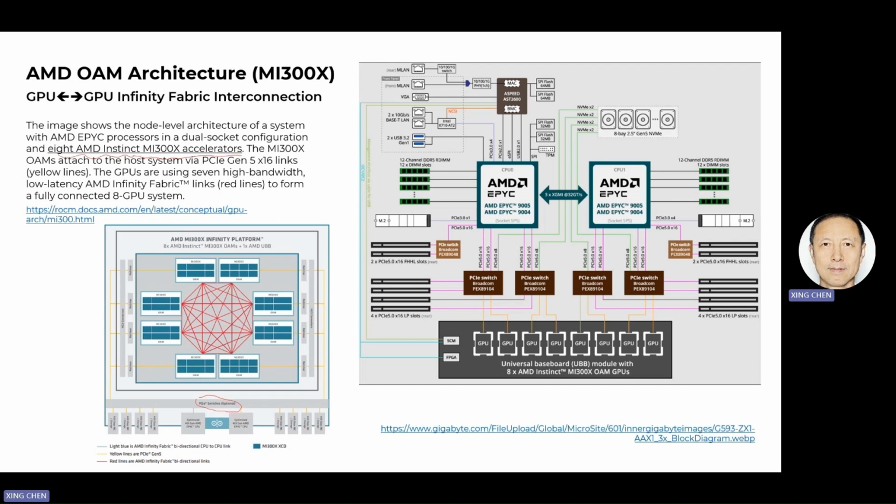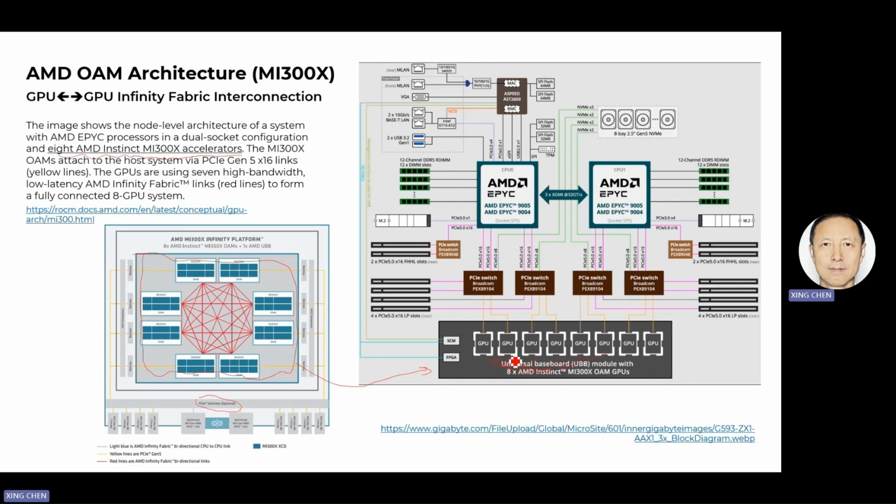Now, we have a look at a real system available from the marketplace from Gigabyte. You can understand this is the OAM module, and this black square is the OAM module. You have 8 GPUs, interconnected with each other by all-to-all links.